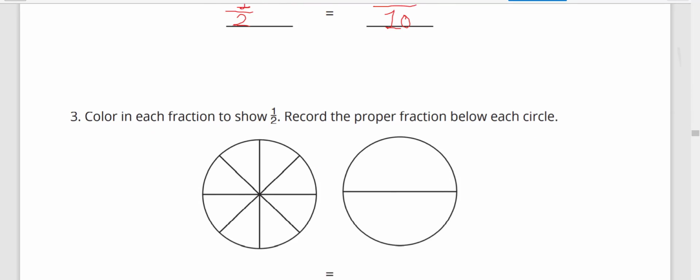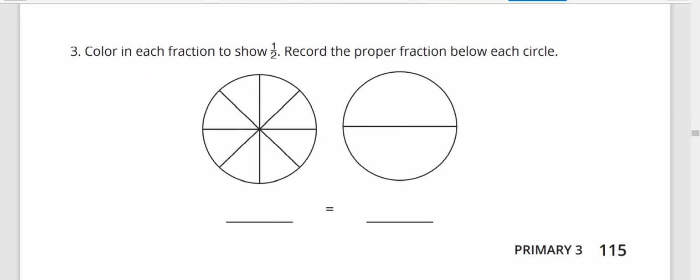The next one, color in each fraction to show half and record the proper fraction below each circle. We know that a proper fraction is a fraction whose numerator is less than its denominator. Now we color to show half.